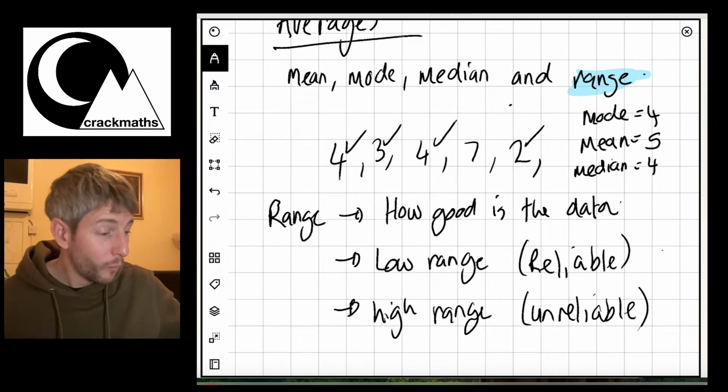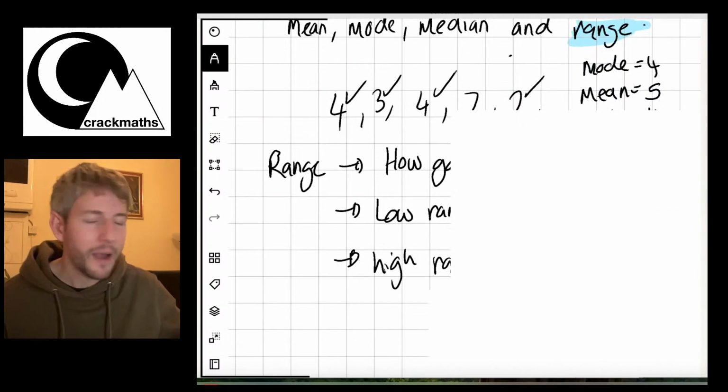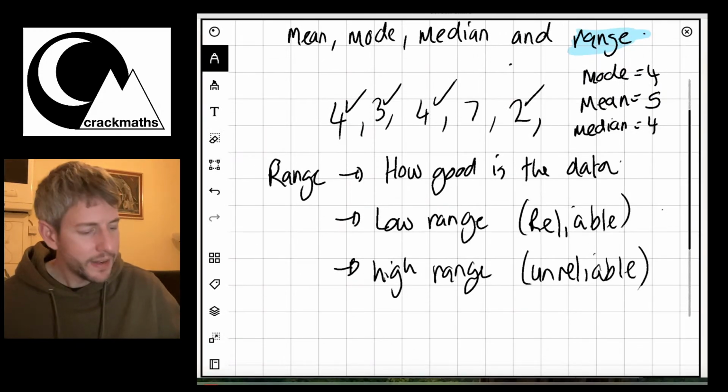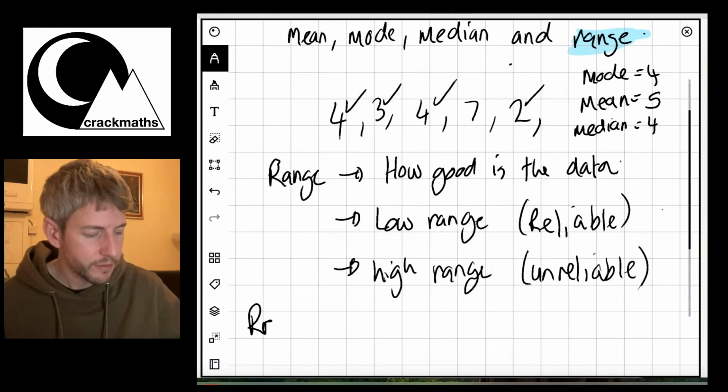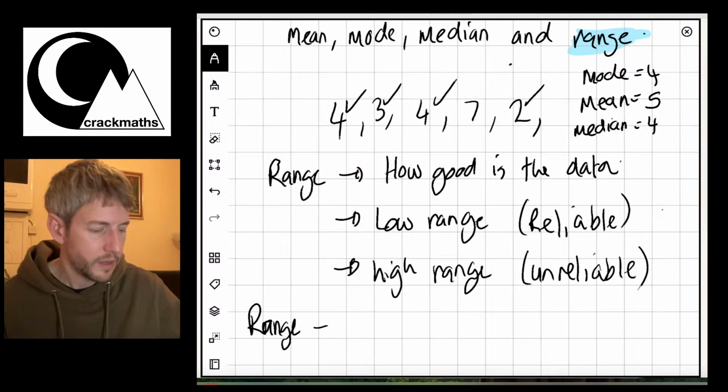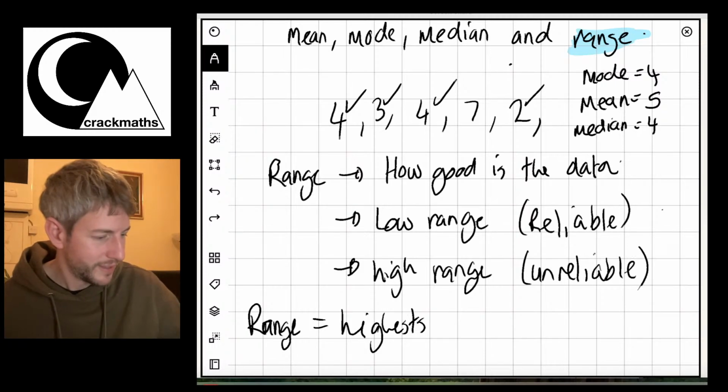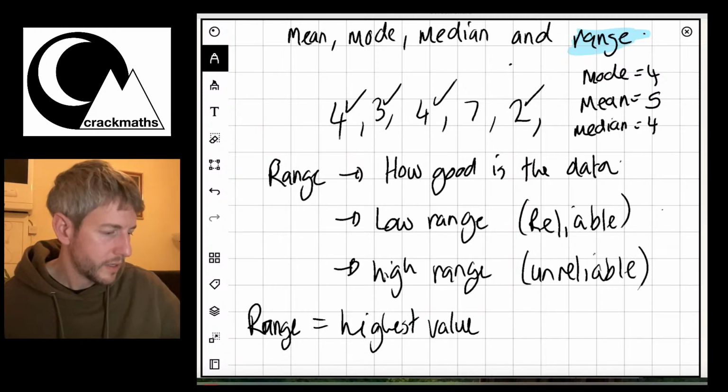But what I should probably do is tell you exactly how we calculate the range. So the range is the highest value, take the lowest.